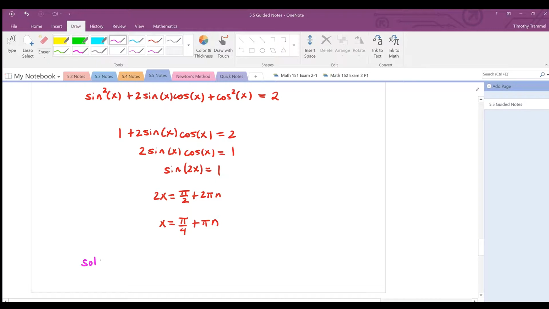But let's just write down the final answers here now. So solutions on 0 to 2 pi. If you plug in n equals -1, this would be negative. If you plug in n equals 0, we get x equals pi over 4. You'll also get x equals 5 pi over 4 if you plug in n equals 1.